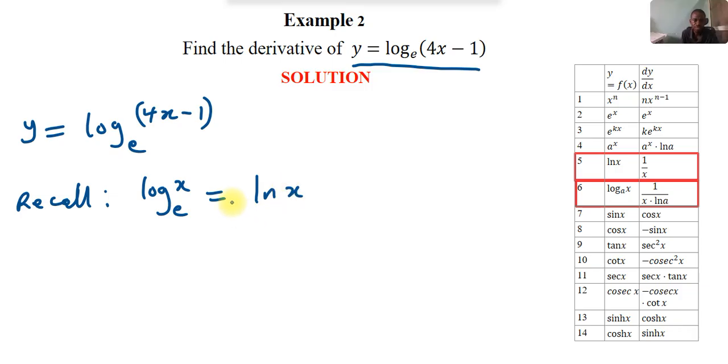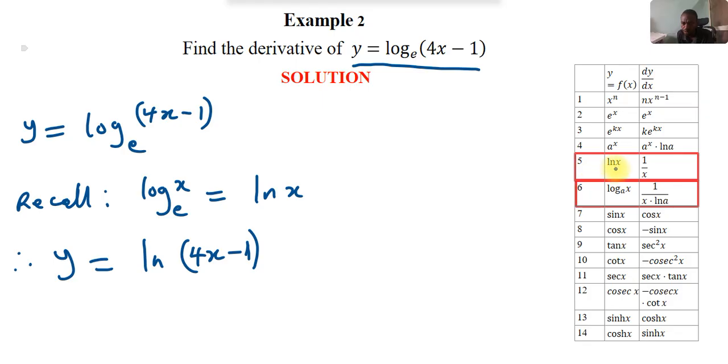So therefore I can rewrite my y as ln(4x minus 1). I have replaced log to base e with ln. So you can now go back to our table and see clearly what you can use.